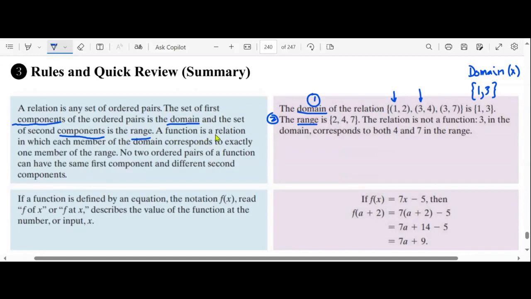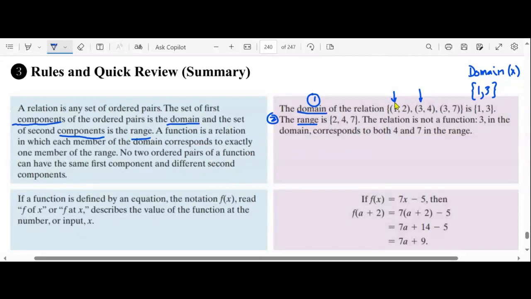Now, a function is a relation in which each member of the domain corresponds to exactly one member of the range. No two-order pair of a function can have the same first component and different second component.